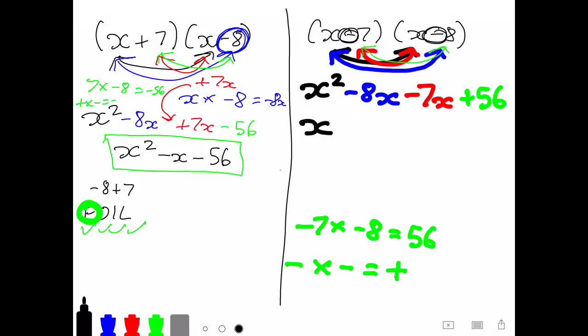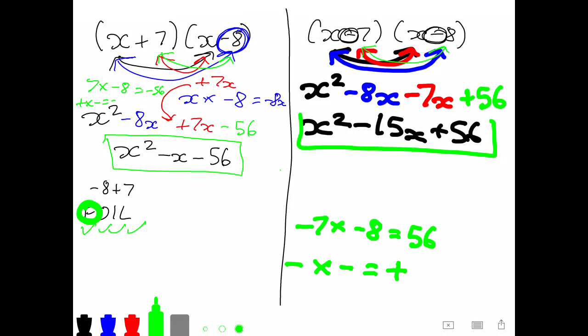So it'd be x squared minus 15x, because you're decreasing from a negative number. So that will give you x squared minus 15x, and then finally plus 56. And then, yeah, hold on one second. Put that in the right color. And then this would be your final answer.